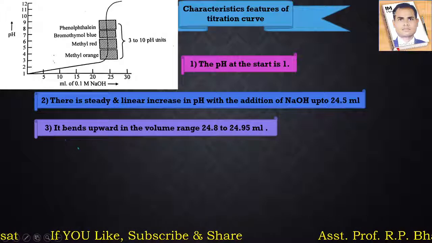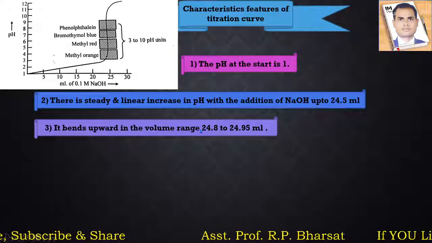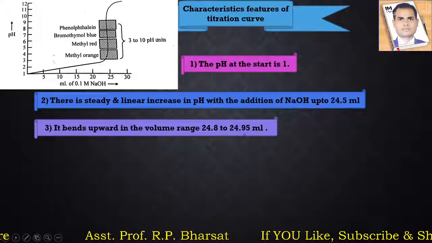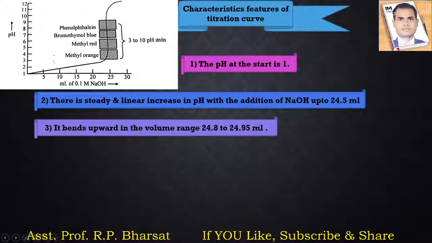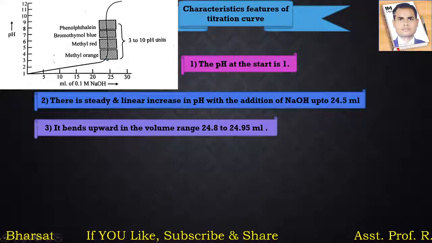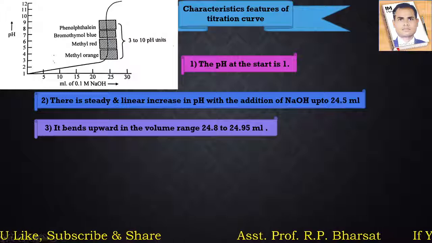Then it bends upward in the volume range between 24.8 to 24.95 ml of base added.